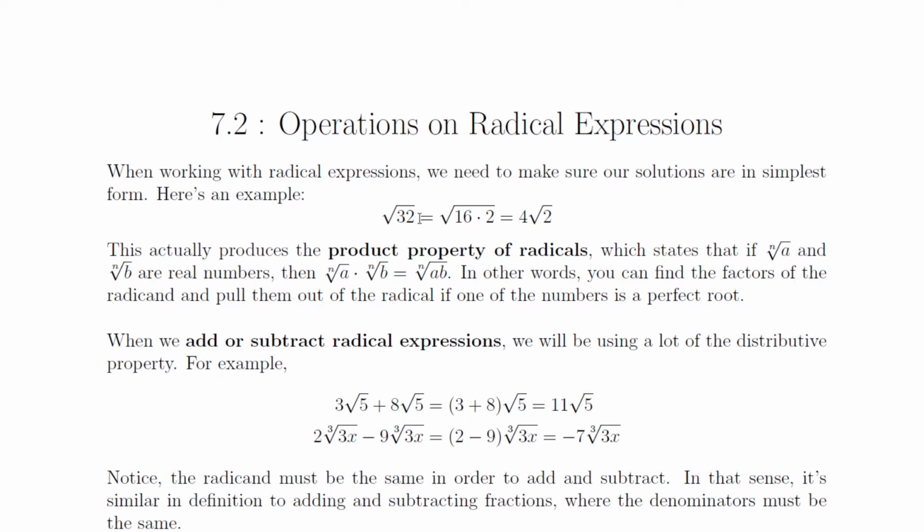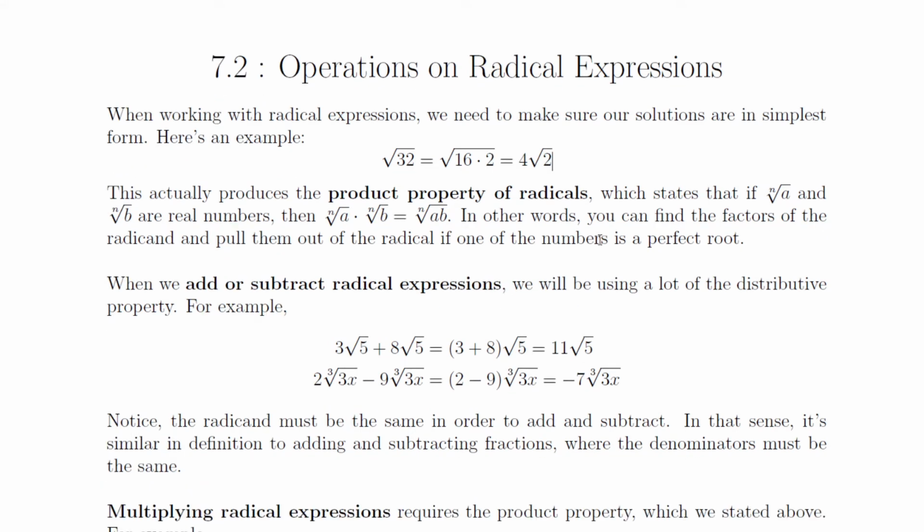So we know that in this case, if we break it apart, 16 is a perfect square root. 2 can't be broken down any further, so if you take the square root of 16, you get 4, and that 4 is going to multiply times whatever is remaining on the inside.